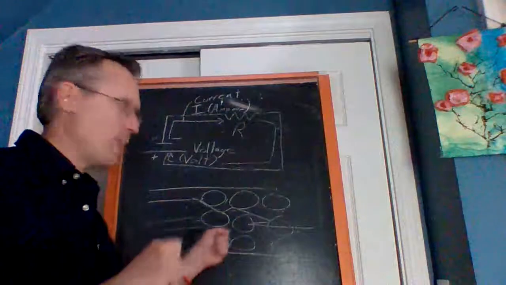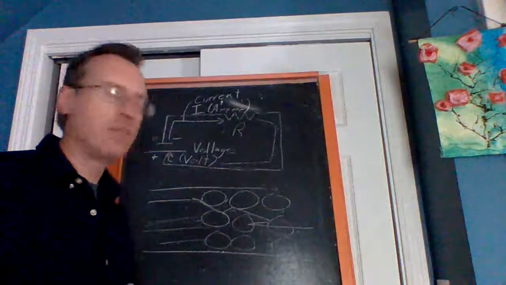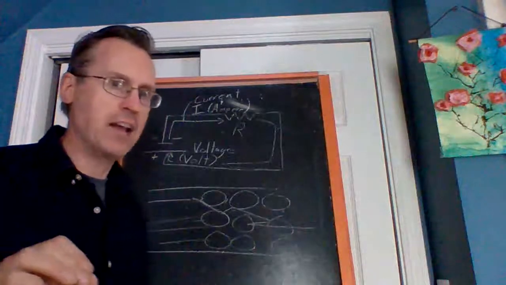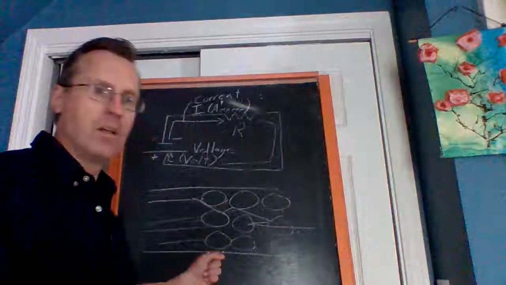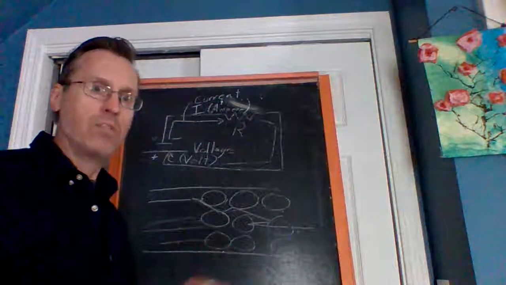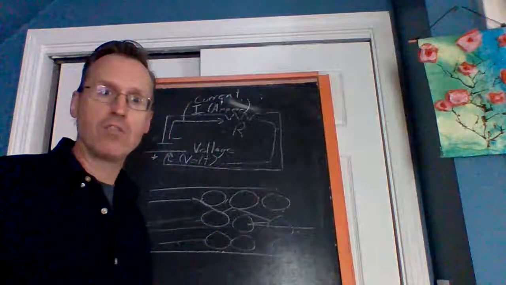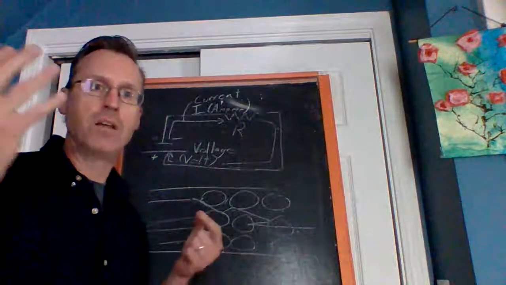But when this happens inside the wall of your house because some small animal chewed the insulation, it's not designed for that. It could melt the plastic insulator around the wire and ignite it, and then you've got a fire inside your wall, and your house burns down, and that's really bad. So that's the concept of Ohm's law.